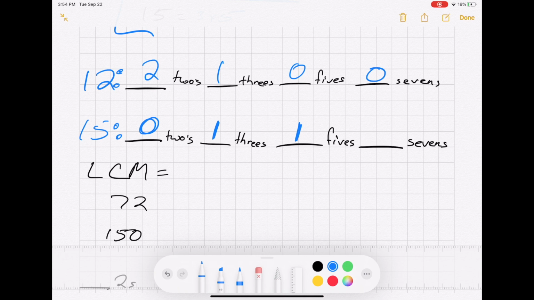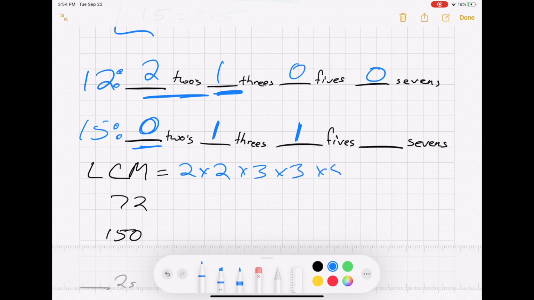It tells me that I need to write down 2 2s, 2 times 2. Okay, I don't need any down here. I need a 3 from up here. I just need 1 3 and 1 5. Actually, 1 3 here too. Nope, 1 3. That's right.